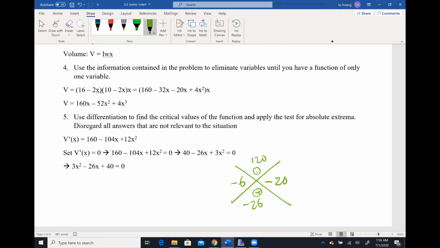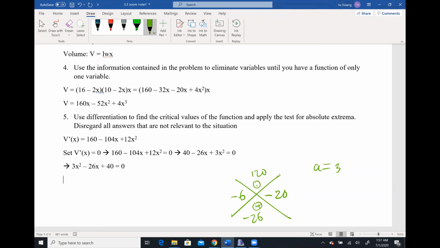Because remember that here a equals 3, so you cannot use the special case. You have to split the middle. So 3x squared minus 6x minus 20x plus 40 equals 0.